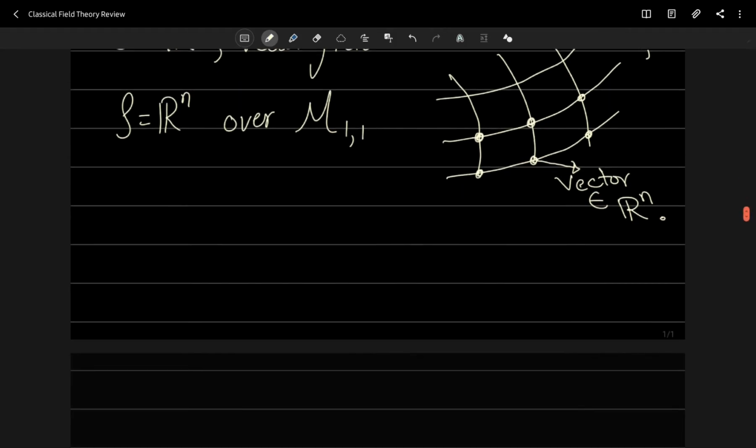Now if you consider this, you can talk about two things. The first one is rho equal to S^2, which is a vector field on the surface of a sphere.